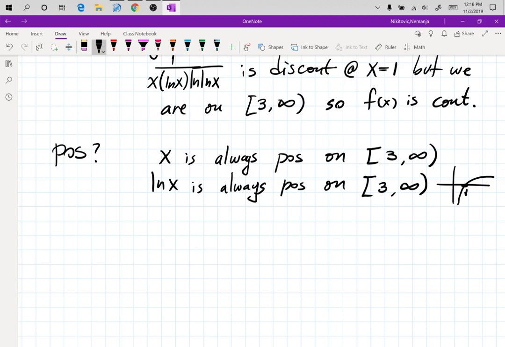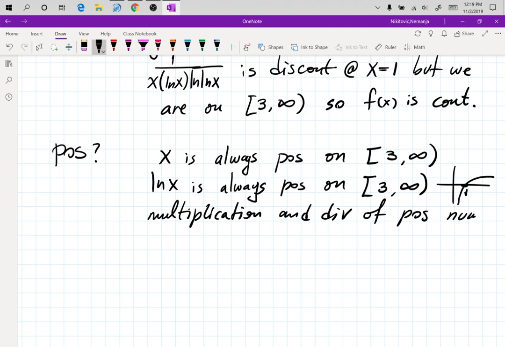Cool? Yeah. So how about multiplication and division of positive numbers is positive. Are we done?